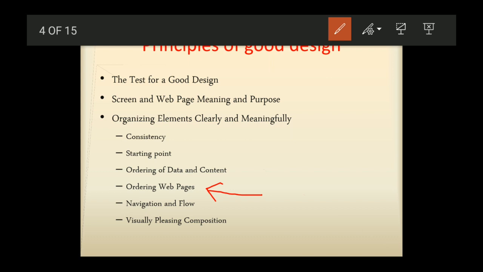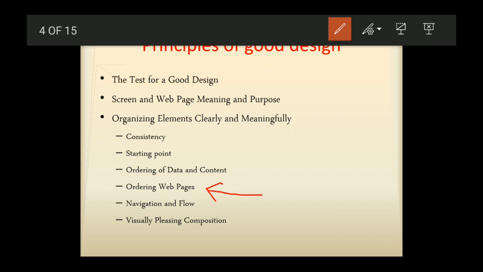A technique to aid in determining importance and organizing websites is card sorting, which we had already described in step 2 in the previous video when we were talking about information requirement collection. Similarly, it becomes essential to place critical information near the top of the website, as far as possible.